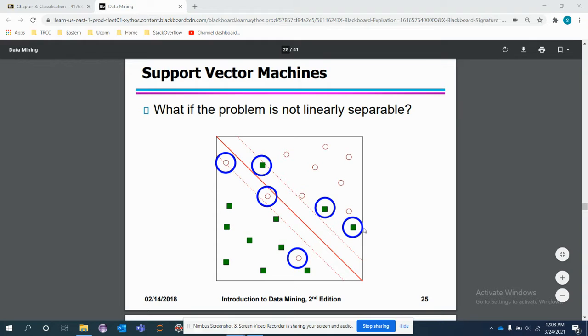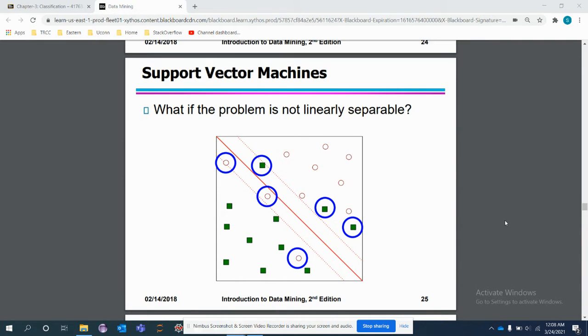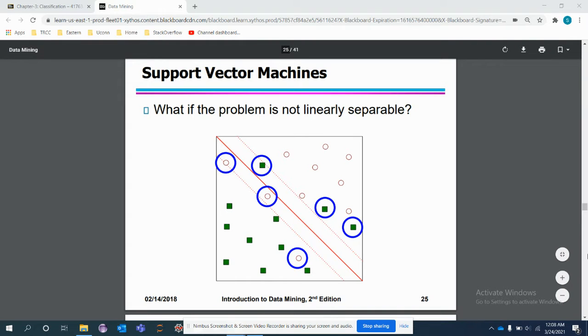So in case of non-linear support vector machines, we do the classification in a different way in comparison to the linear support vector machine. In case of data sets having non-linear decision boundaries, the support vector machine model is applied in a different way.